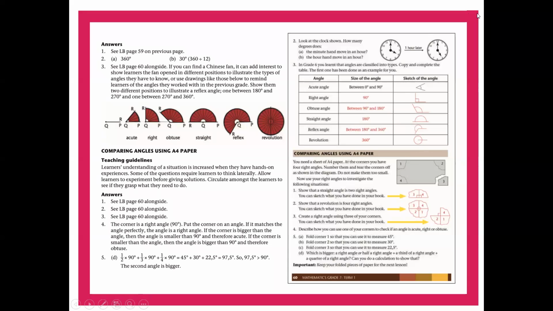Okay, now we are looking at this activity. Number 2, look at the clock shown. How many degrees does the minute hand move in an hour? In an hour, it moves right around the clock. So it is then a full revolution, which is 360 degrees.